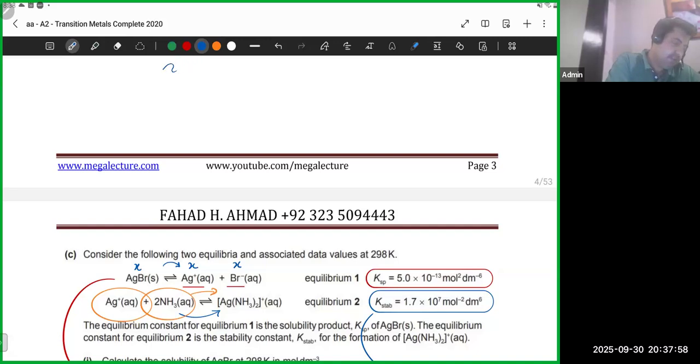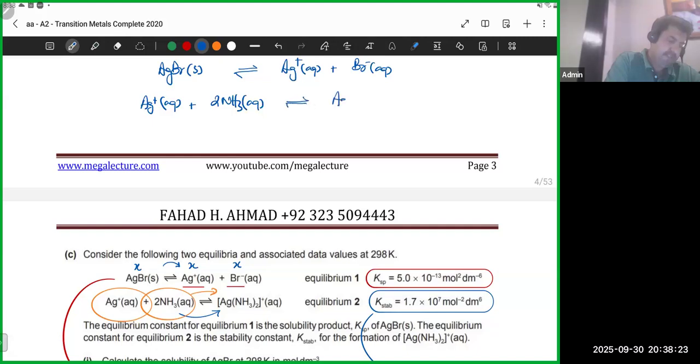That's it. The overall equation. AgBr solid is the first one. It's going to be Ag+1 aqueous plus Br-1. And then the second one, it's Ag+1 aqueous plus 2 NH3 aqueous, and it's going to form Ag(NH3)2.